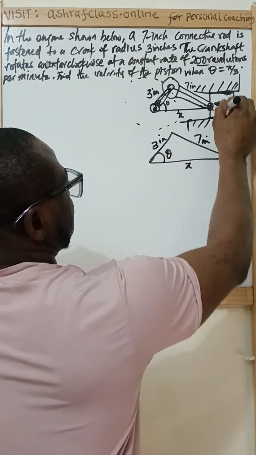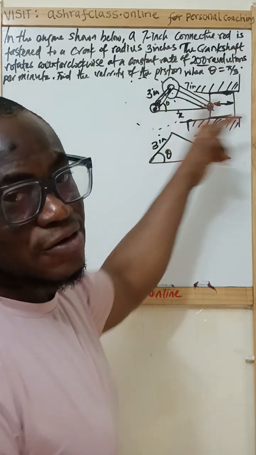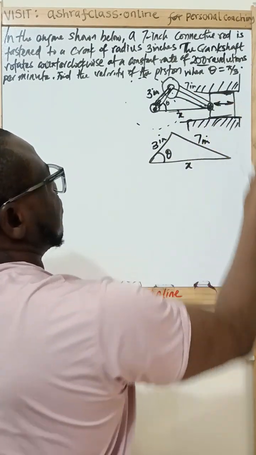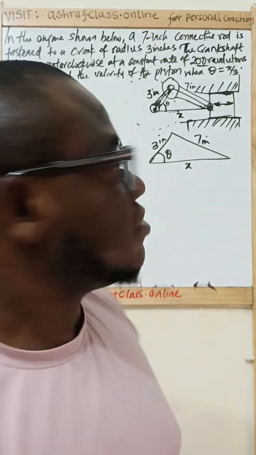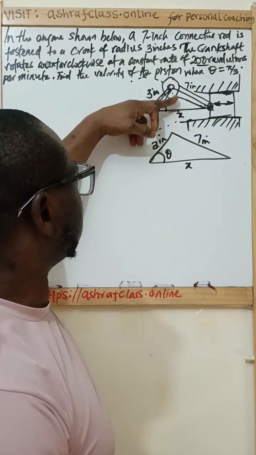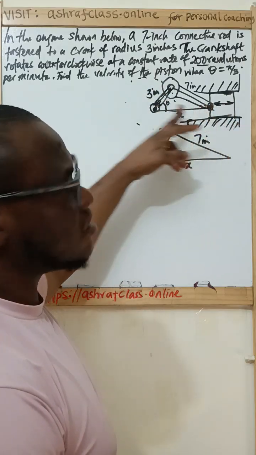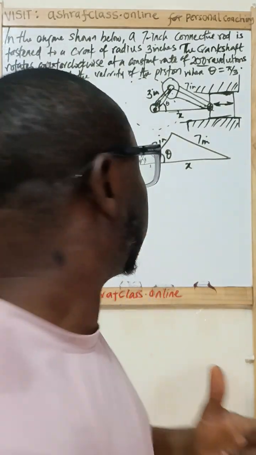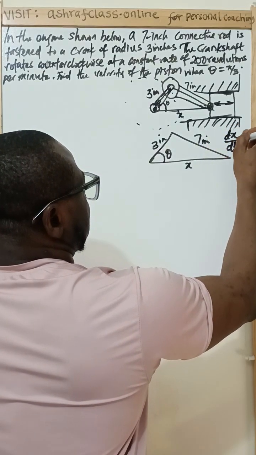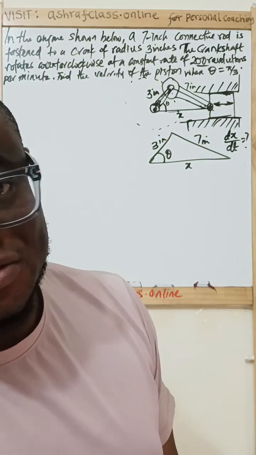The piston is going in and out, so it's moving at a particular velocity. While the crank is rotating, the piston will be moving in this direction. So what we have to find is dx/dt.